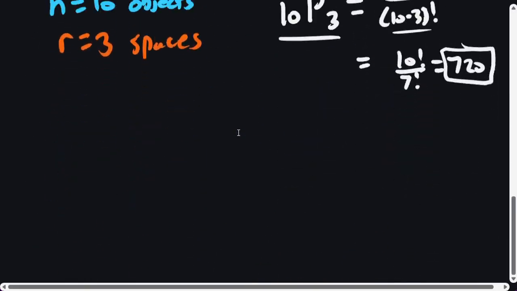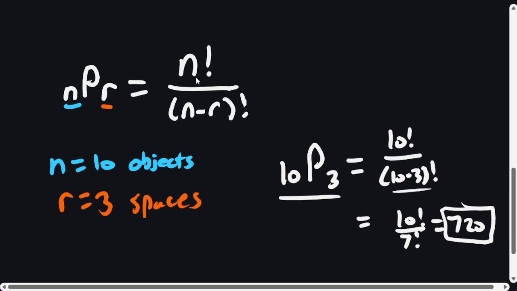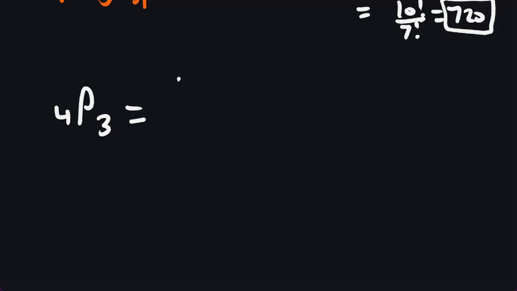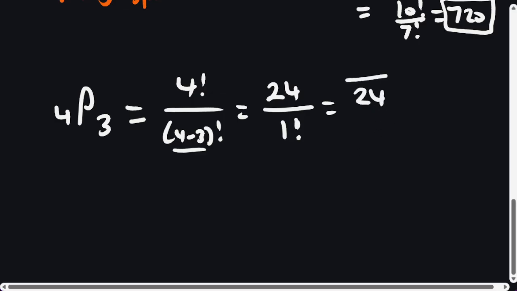So let's go down here, and let's say we want to figure out 4 permute 3. According to this formula, n factorial over n minus r factorial, so 4 factorial over 4 minus 3 factorial. 4 factorial up top is 24, divided by 4 minus 3, which is 1 factorial. 1 factorial is just 1, so this is 24 over 1, which is just 24.